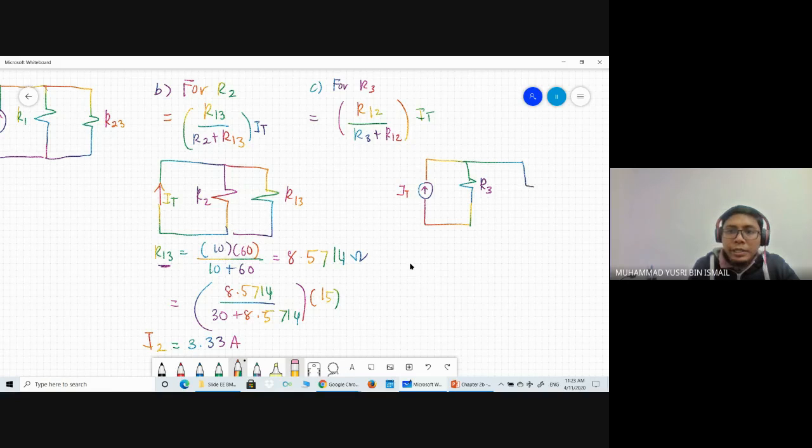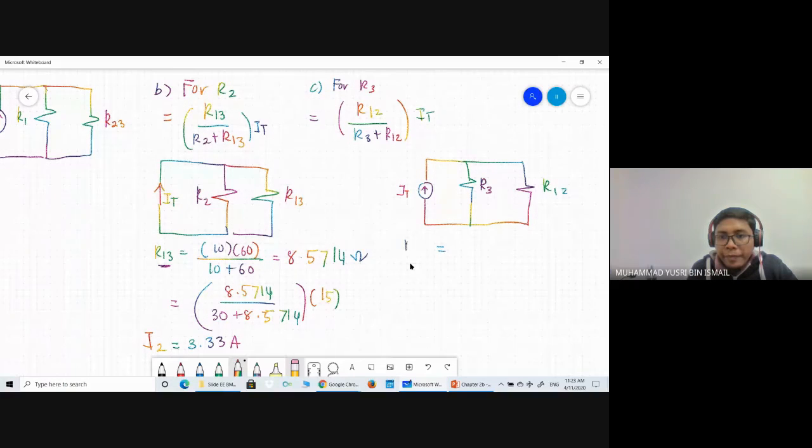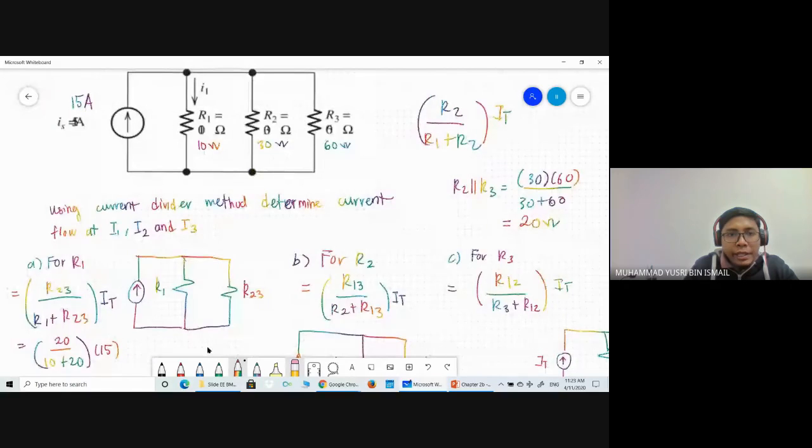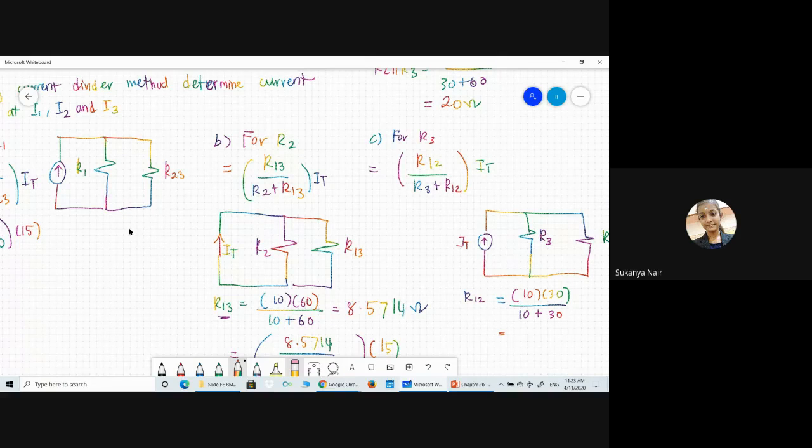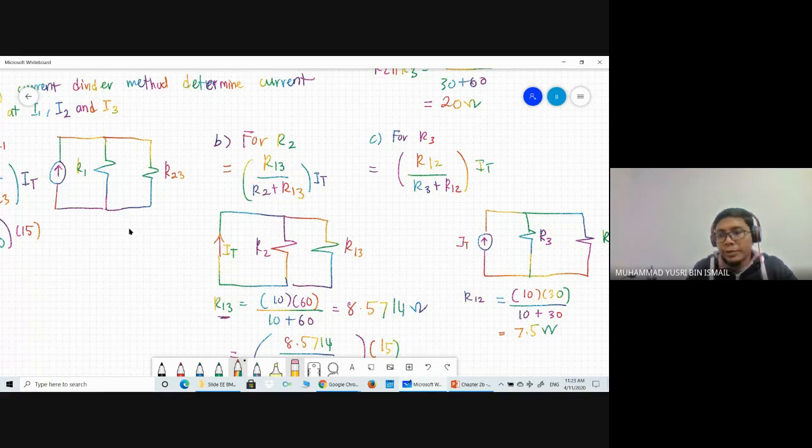The circuit that we need to simplify is in between R1 and R2, so this is R12. R12 is equal to 10 times 30 divided by 10 plus 30, which is 7.5 ohm.